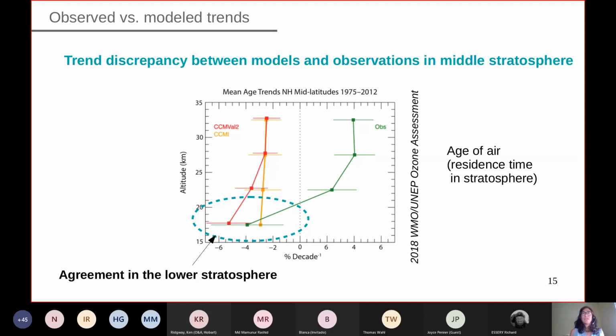And as you can see here, the values that we estimate from observations for these trends are positive, so indicating a weakening actually of this circulation. While the models, these are results for two different generations of chemistry climate models, they actually show very robust negative trends, as I showed before. And the only region where we actually see an agreement is in the lower stratosphere, but there's a clear discrepancy at higher levels.